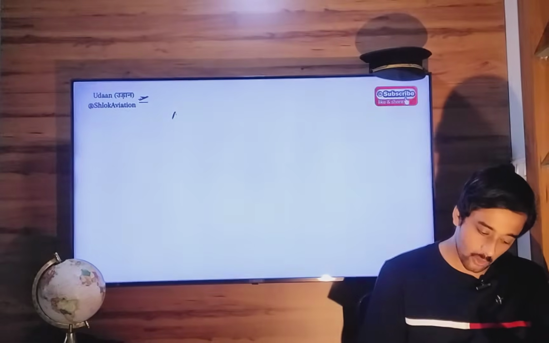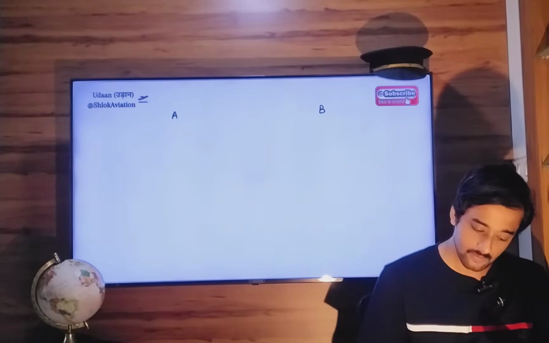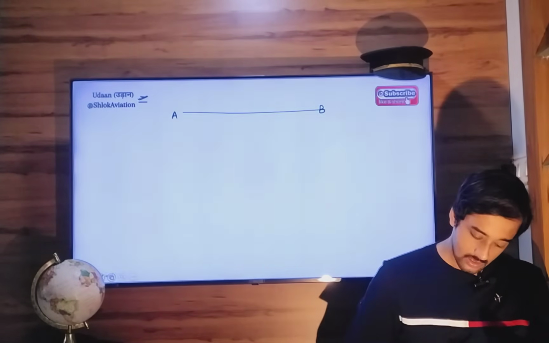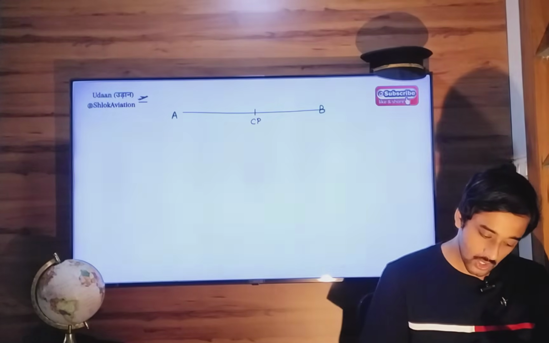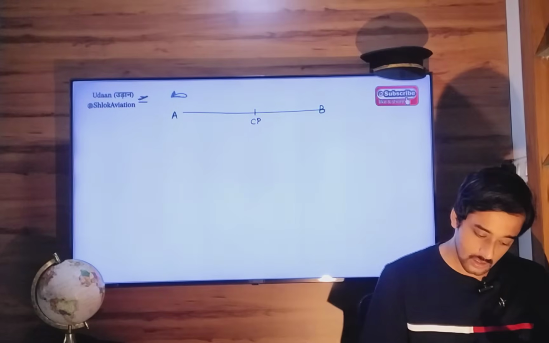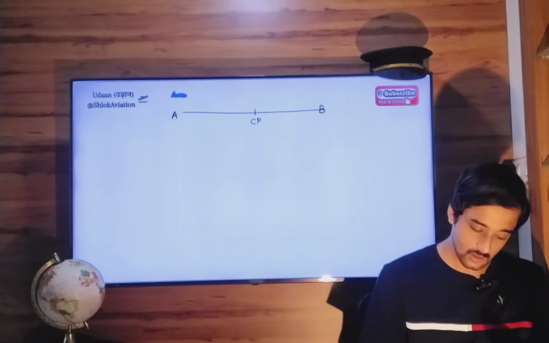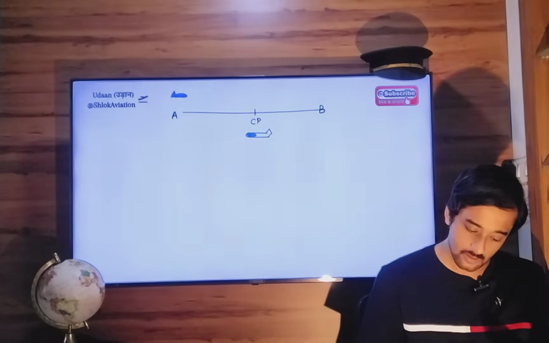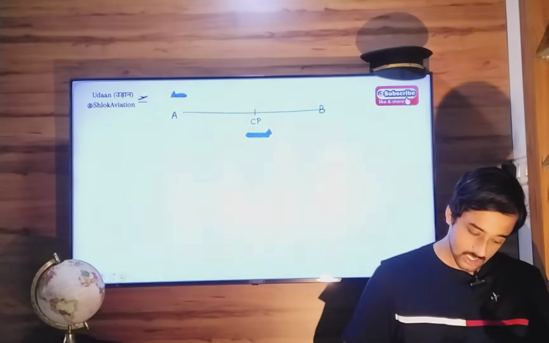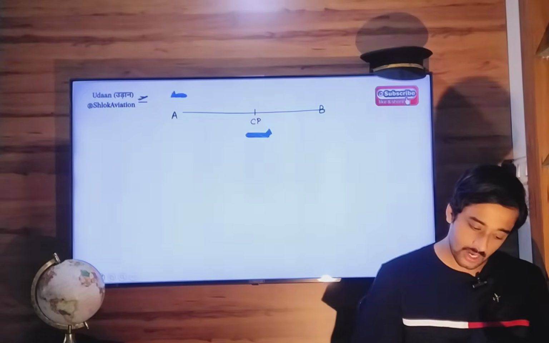So let's say this is your point A, this is your point B. Here is your critical point. This is your aircraft. This is the second aircraft here. TAS, the true airspeed 485.